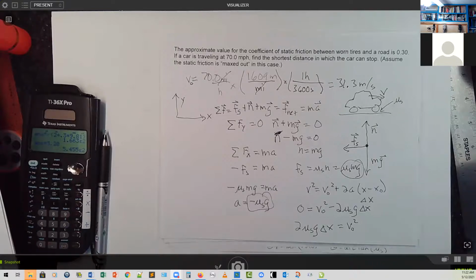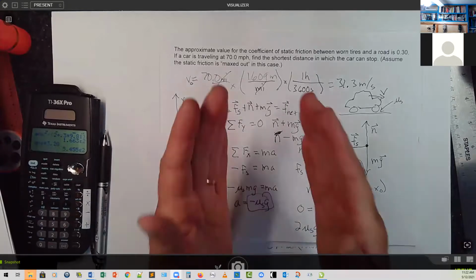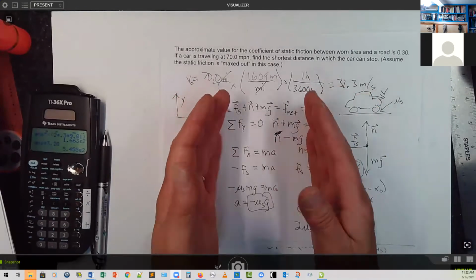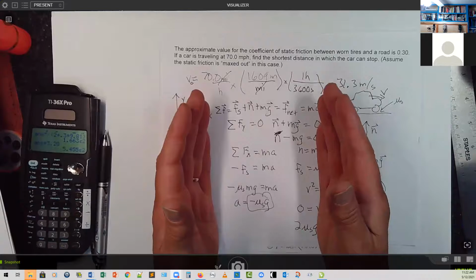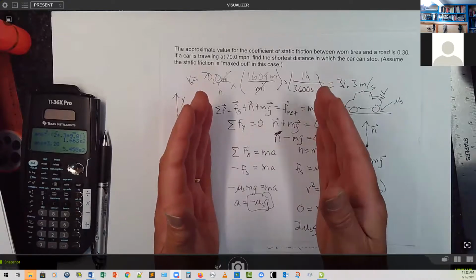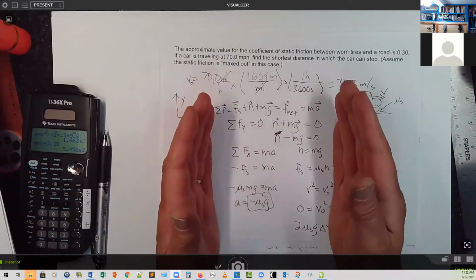But anyway, practice some problems, and I'll post that makeup test assignment sometime this afternoon or evening, and you'll be able to work on that. And what you can do with that then is, I don't remember how many points there were on the test actually, maybe 95. And you haven't even seen your test yet. Yeah, I need to be getting those back. But say you got 60 out of 95 on the test.